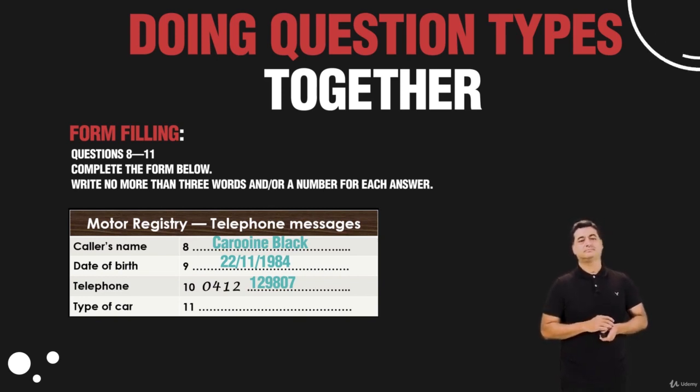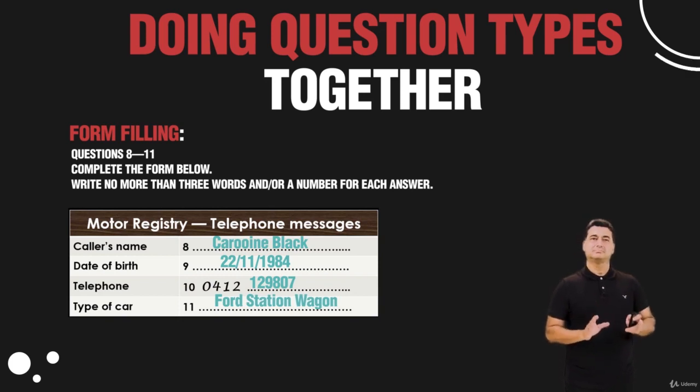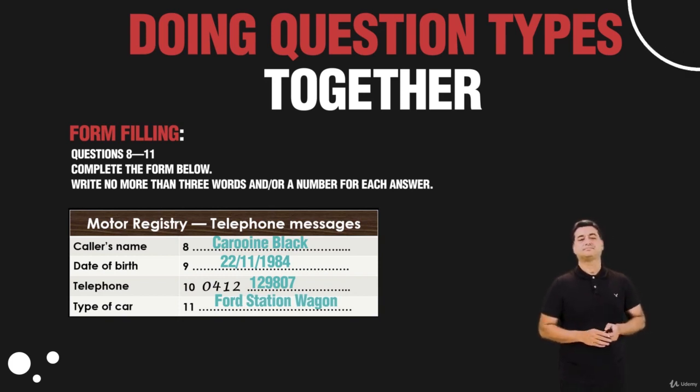Right, got it. And can you tell me what make and model of car you'll be using for the test? Yes, it's a Ford. A Ford station wagon. It's my dad's car. OK, Ford station wagon. Well, when the computers are working again, I'll call you back with a date for the test. Oh, all right. Thanks.